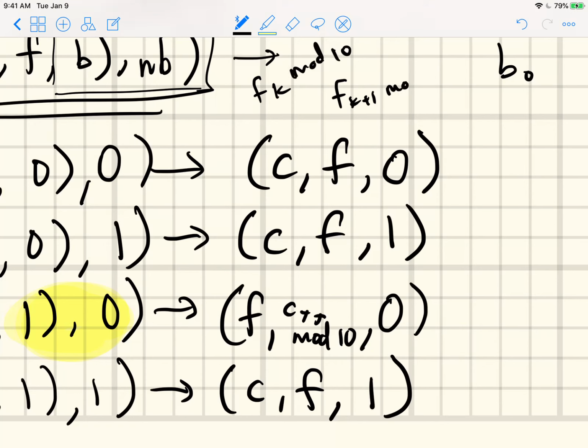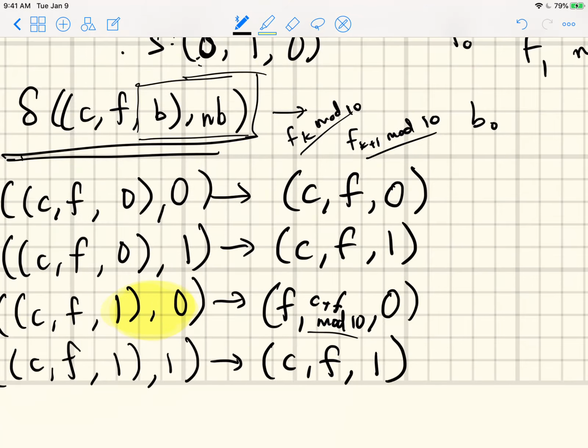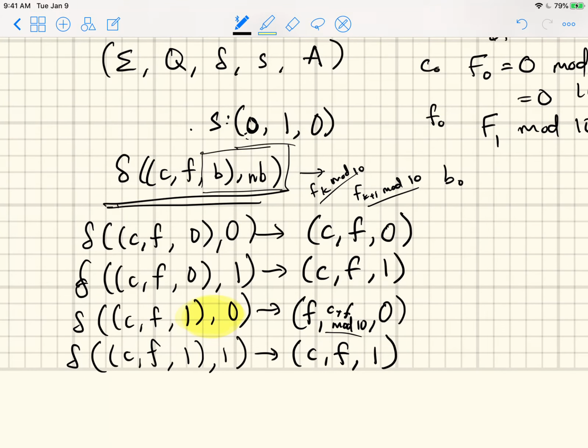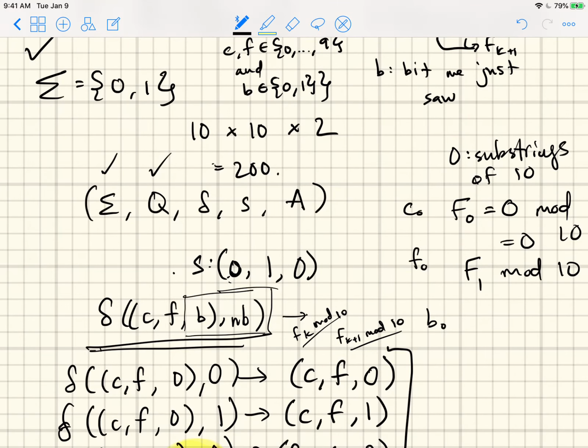But you should remember from handy dandy 173 that modular arithmetic holds over addition. So just because I take the mod in the beginning won't affect the mod at the end. And if you're confused about the mod stuff, please come to office hours and ask. Great, and that's my transition function. Wasn't too bad, also pretty intuitive once we understand exactly what the states encode.